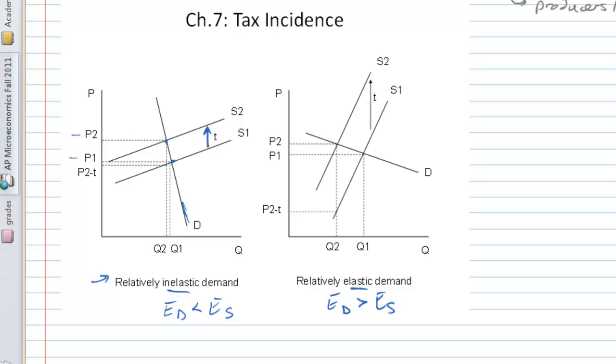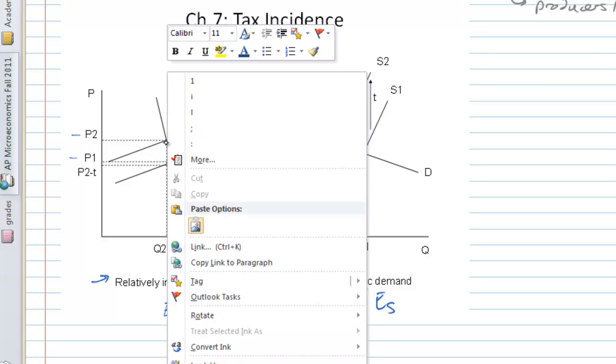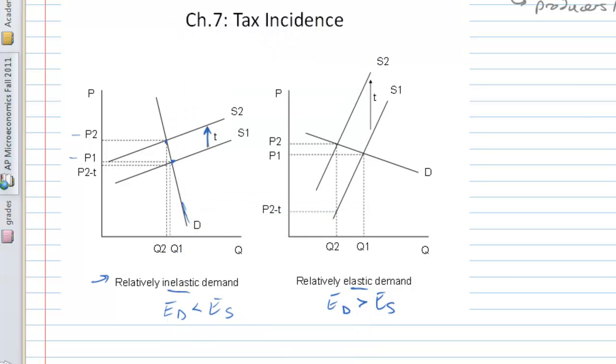Let's sketch out, to show the incidence, the government revenue box as well as the consumer incidence and the producer incidence. For the government revenue box, you take it from our new equilibrium and drop the line down to our old supply curve and then across. That's the amount of government revenue, because there's our T and here's our Q2.